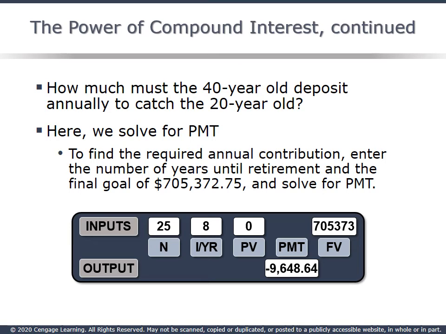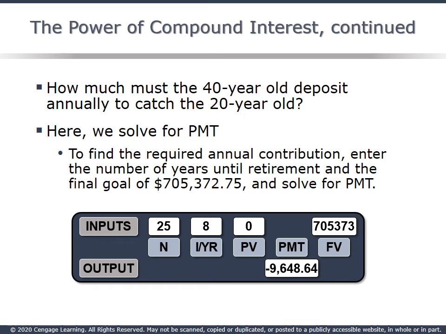What would be her annuity deposit every year for 25 years so that she can end up with $705,373. She's going to have to invest every year a whole lot more than $1,825.